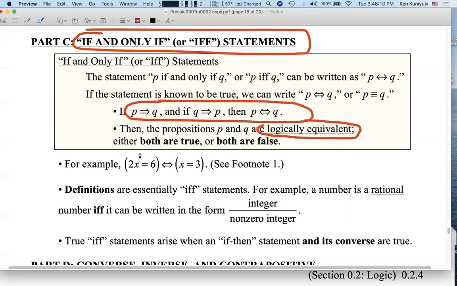For example, 2x equals 6 if and only if x equals 3. If you're solving a math problem in an Algebra 1 class, you often write a sequence of equations and they're equivalent in the sense that you can reverse the arrow. And these are all true or all false.